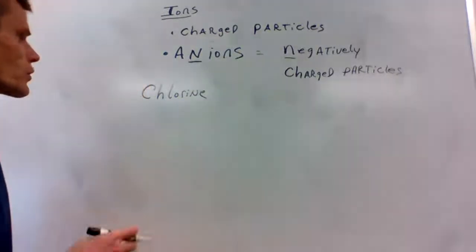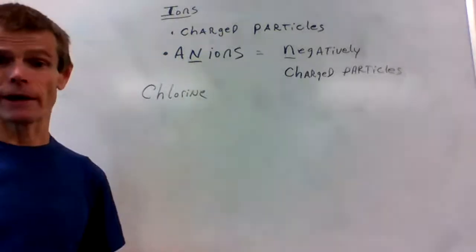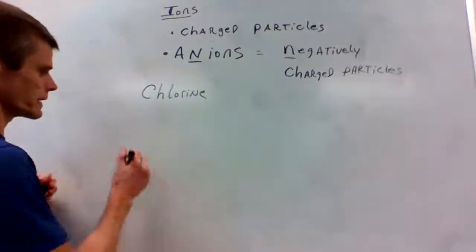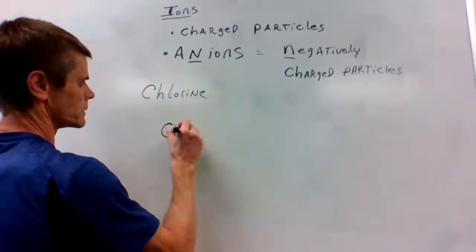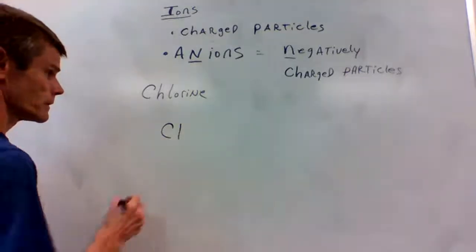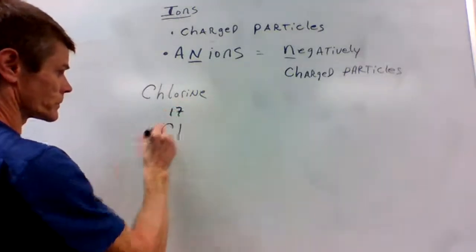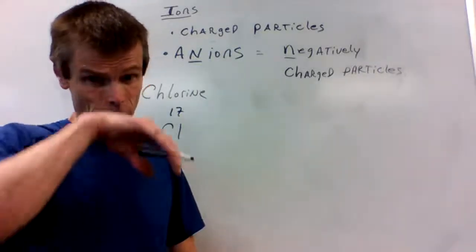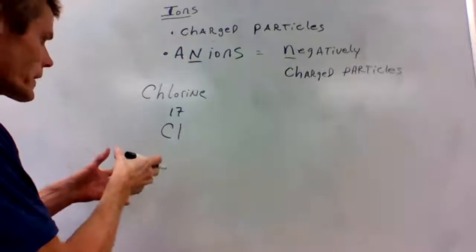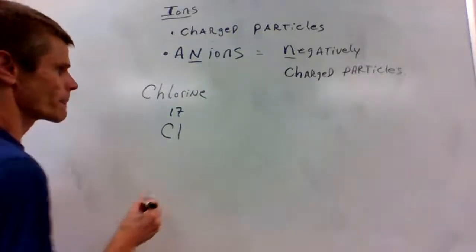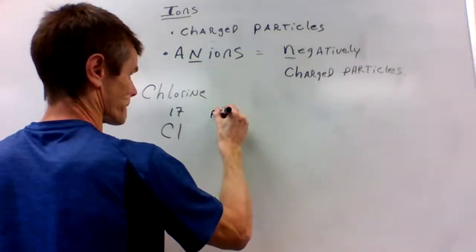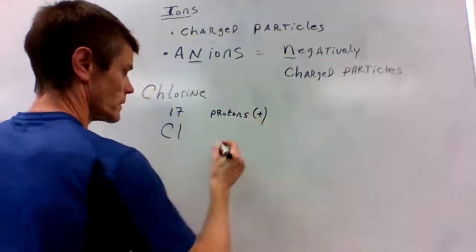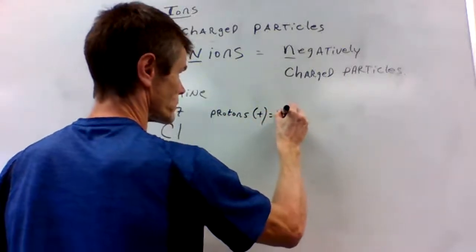Let's look at chlorine based upon its neutral state. Chlorine has 17 on it. And what that 17 tells us is that chlorine in its neutral atomic form has 17 protons, and remember, protons are positive charge.